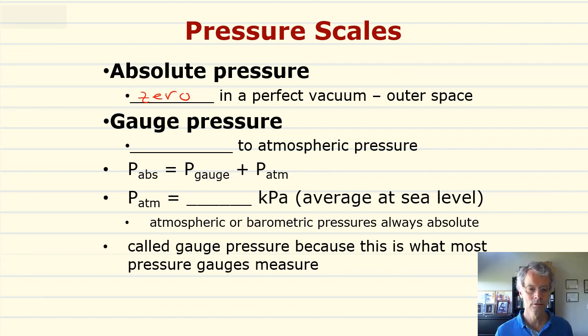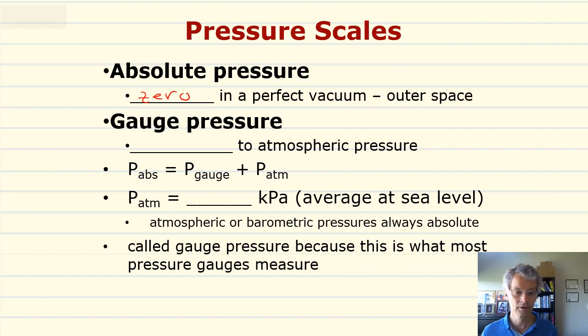It turns out you can't create a perfect vacuum on Earth because it's extremely difficult to remove all of the molecules of a gas from a container and to limit molecular leaks. So we can't go below zero, so there are no negative pressures, similar to the Kelvin temperature scale.